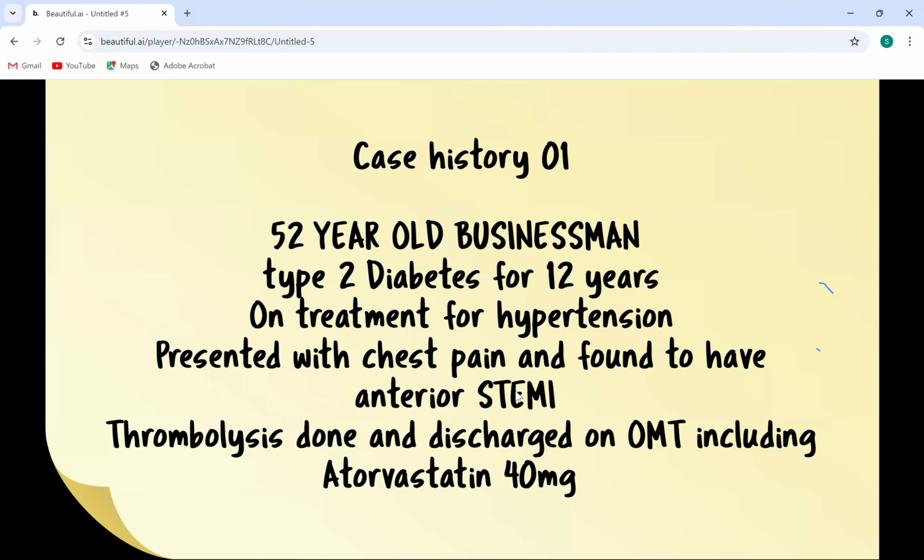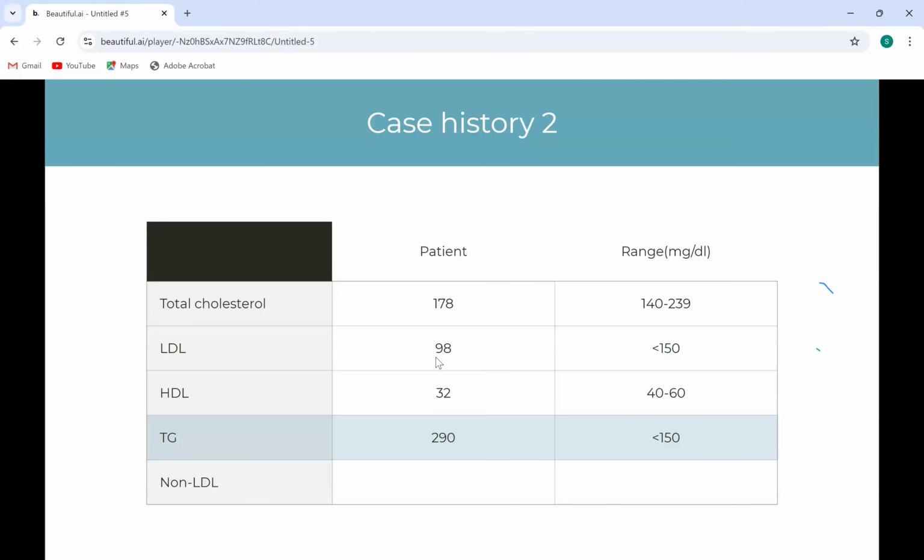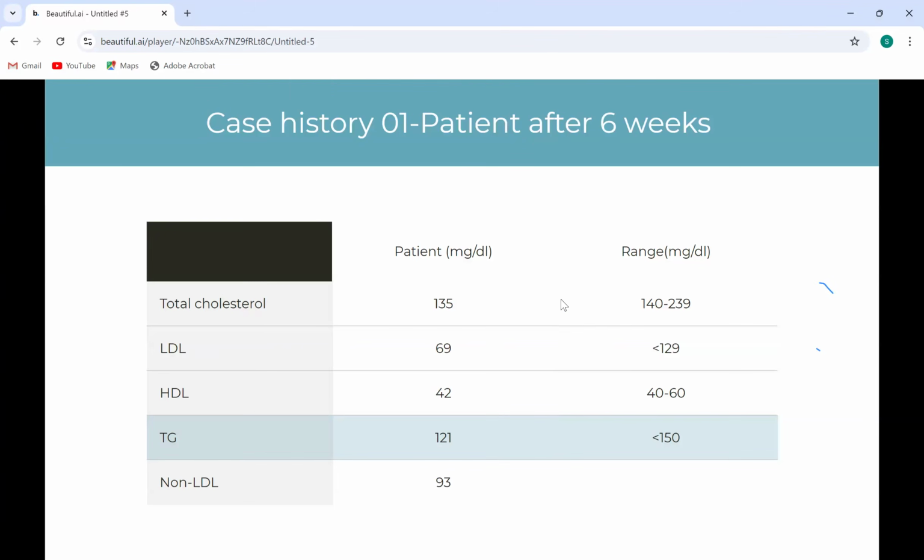It doesn't matter. So either it should be less than 50% or at least 55. So let's say this patient's starting LDL was 90. Then your LDL should have been 45, because you need at least 50% reduction or at least 55.